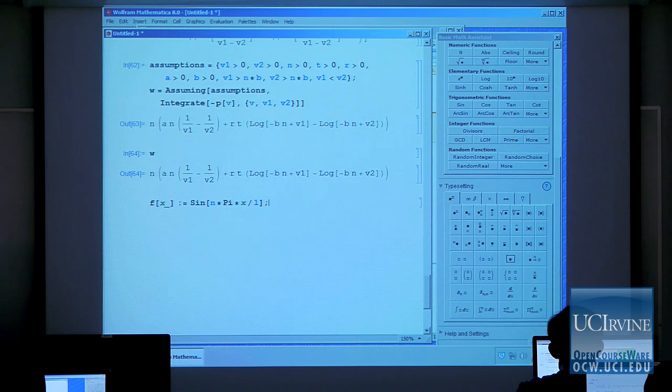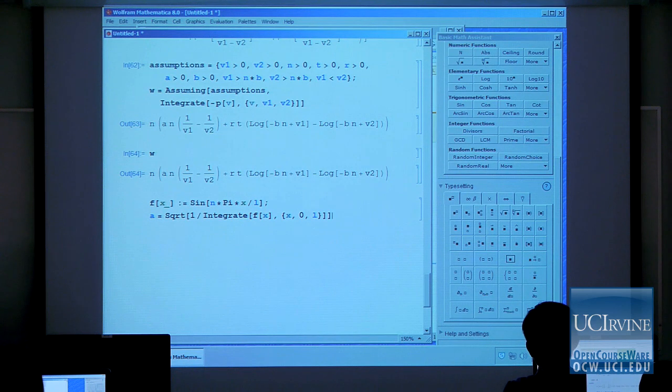Now, I'm going to say A equals square root 1 divided by integrate f of x, and I want to go x from 0 to L. Okay? And I need another bracket.